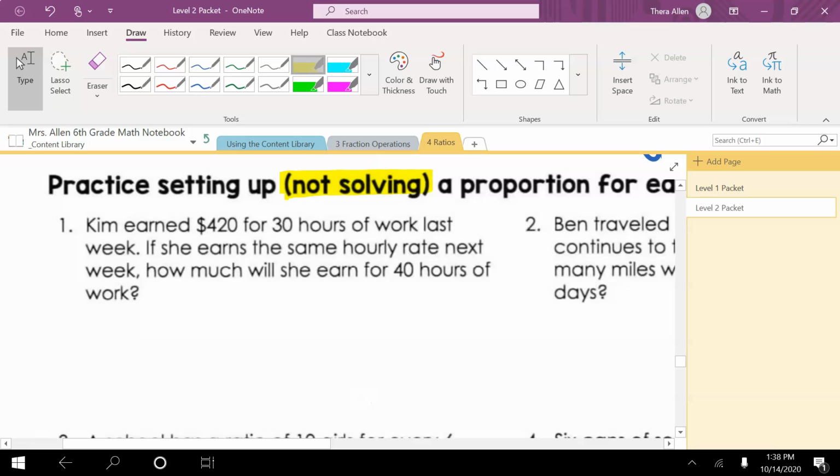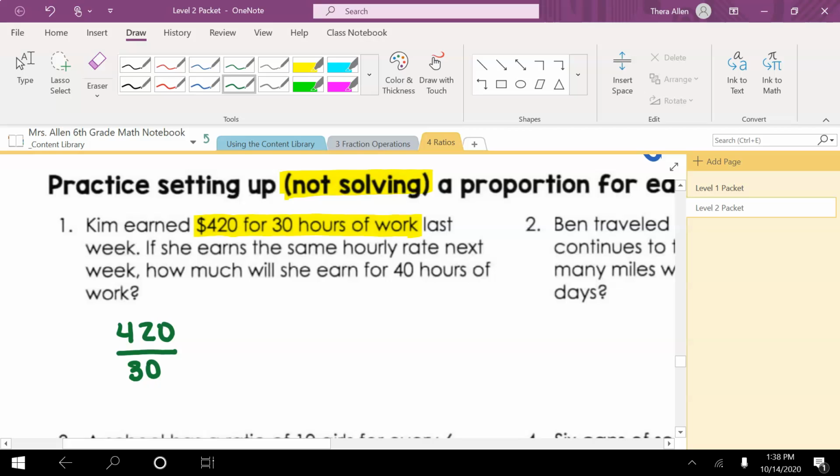Let's go ahead and read number 1. Kim earned $420 for 30 hours of work last week. That is our first comparison. So that's our first ratio. I'm going to put 420 over 30. So $420 to 30 hours.